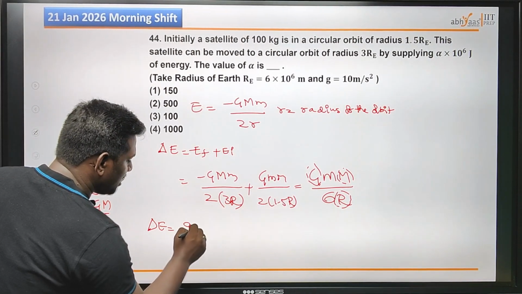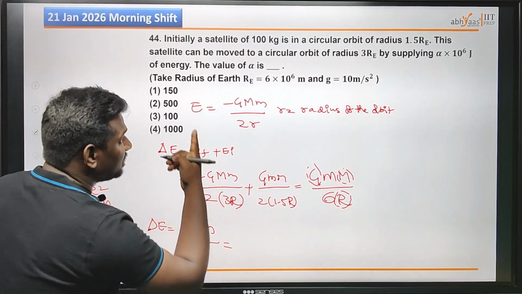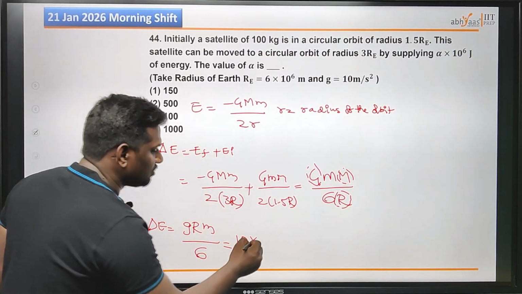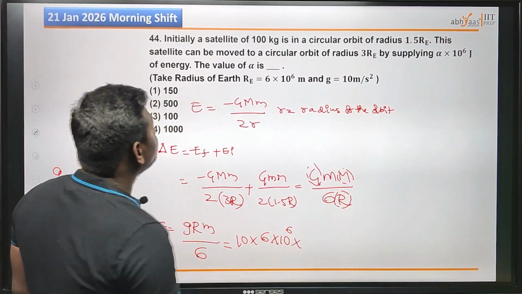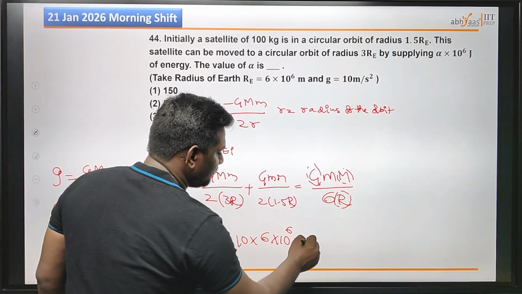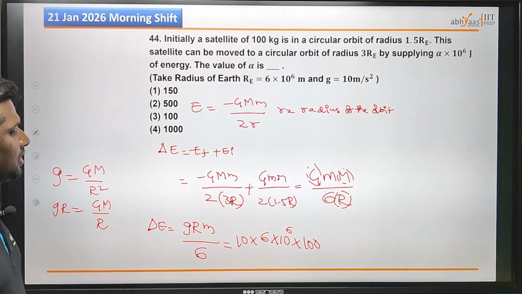So g R small m by 6. What is g? Gravitation, that is 10. What is R? They have given R equal to 6 into 10 to the power of 6. What is m? 100 kg. If you simplify this, you will get the answer.